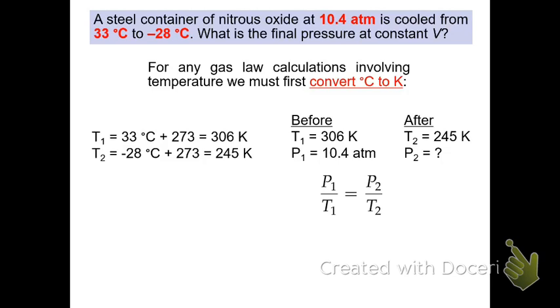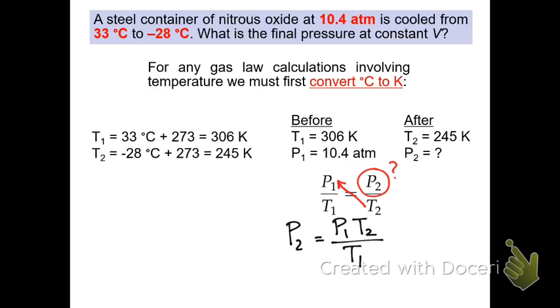All you have to do is cross multiply, move T2 to the other side, and that isolates P2. So P2, the final pressure, is equal to the initial pressure times the final temperature divided by the initial temperature.